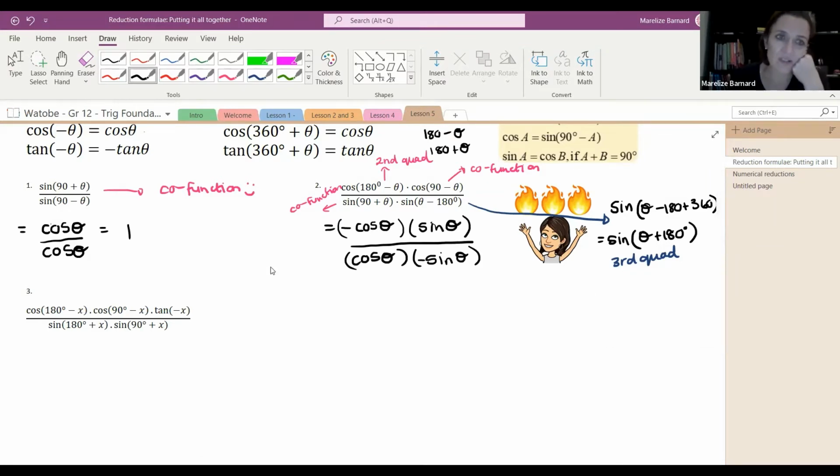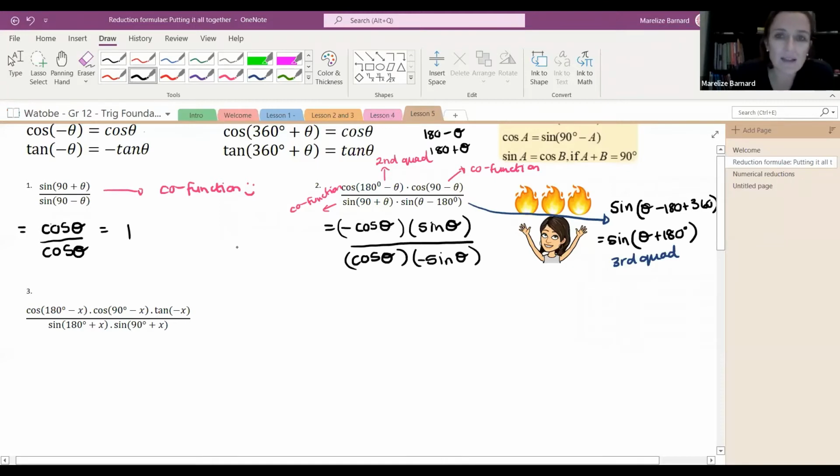Okay, so Kayla's asking, why doesn't it change to a negative? Because it's in the second quadrant. I'm talking about the cofunction we just did. I think she means the sine 90 plus theta. Sine 90 plus theta is in this quadrant over here. Remember, with cofunctions, we always look at the original function. If that was cos 90 plus theta, we would change it.